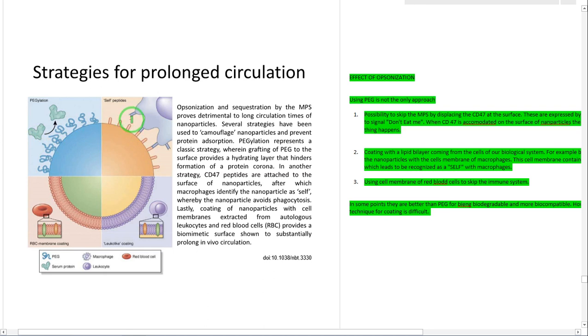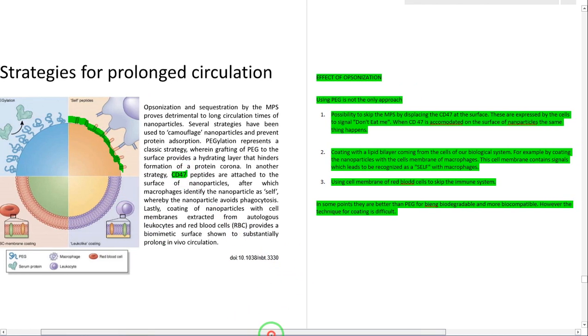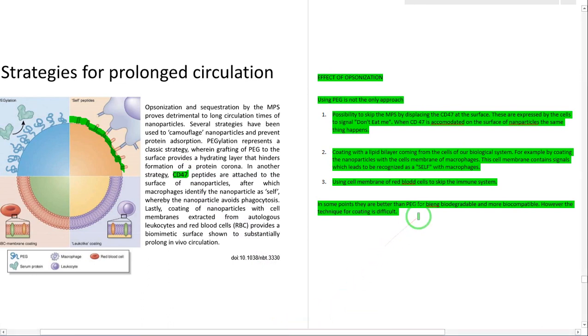One of them is to cover the surface of the particles with CD47 peptides. I was forgetting the name.